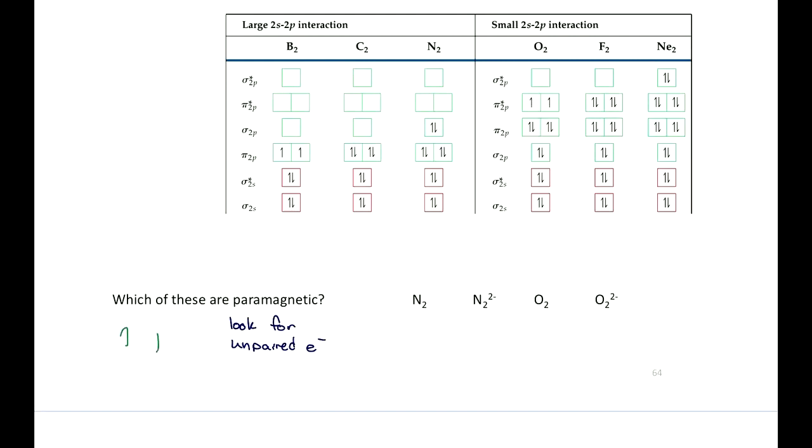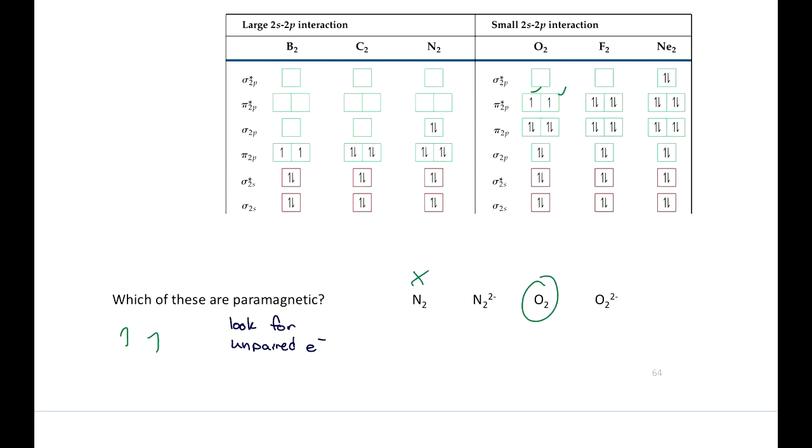If we have unpaired electrons in their diagrams, then they're paramagnetic. Of the options, we have nitrogen and oxygen. We already said nitrogen is diamagnetic, so there are no unpaired electrons there, so we can eliminate that one. But oxygen, is it paramagnetic? Yes, it says so right there. See, two unpaired. So this one is paramagnetic.